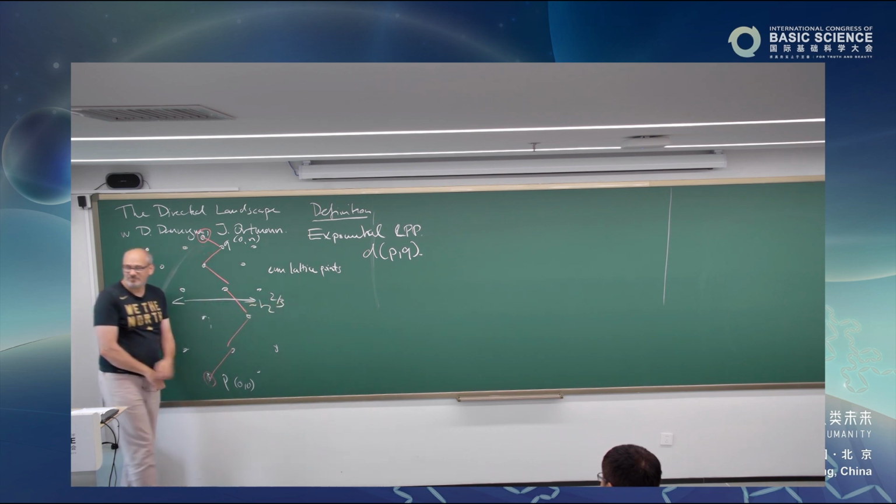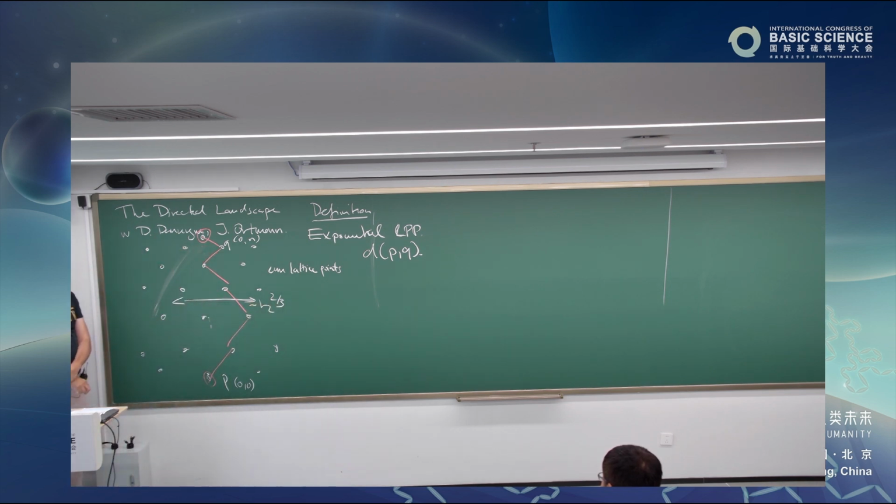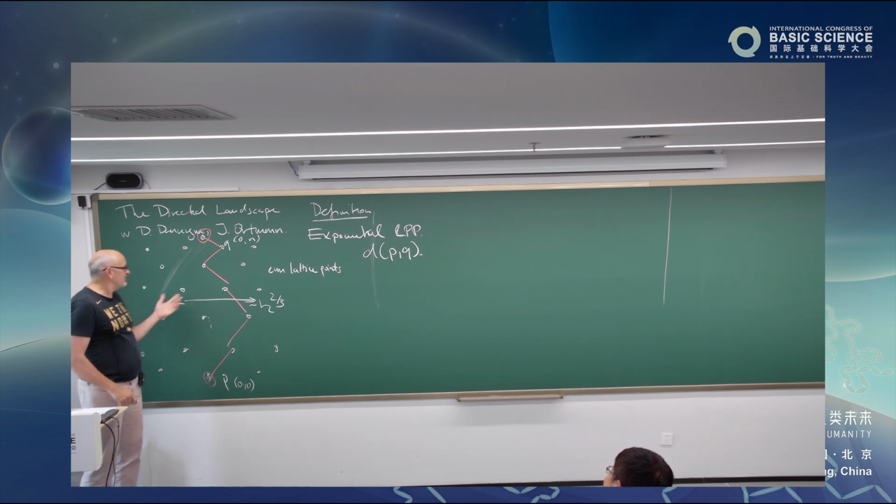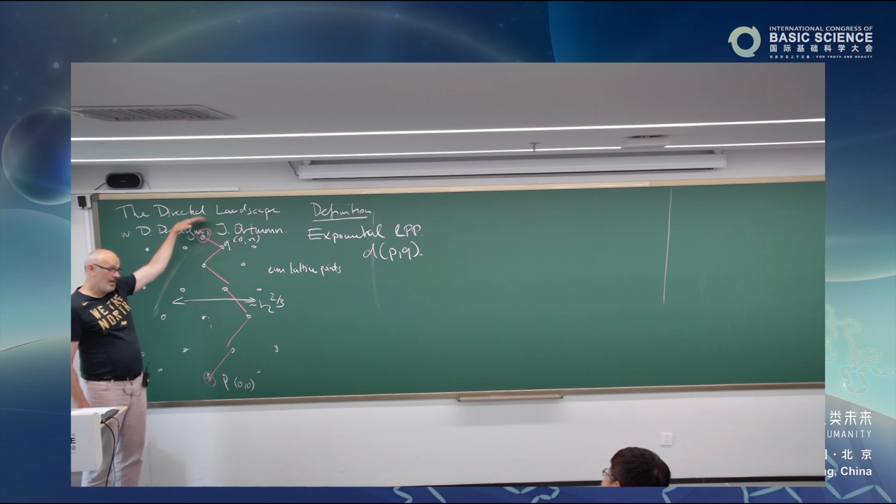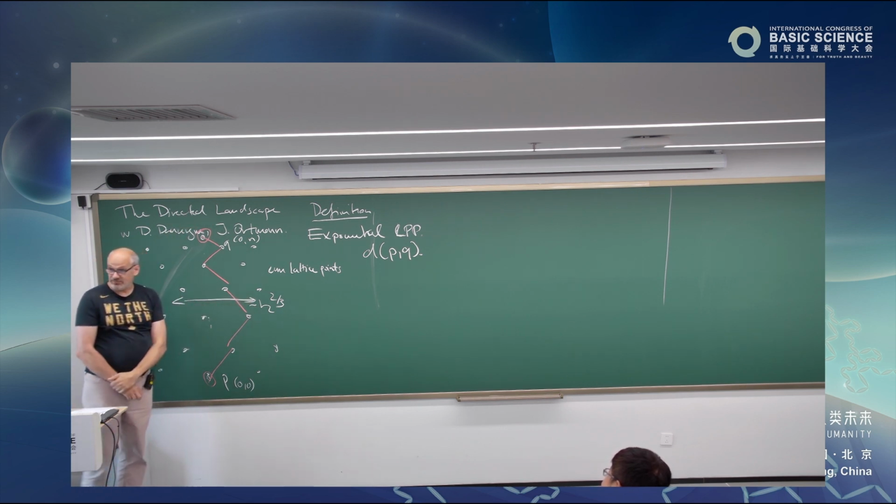So what that tells you is that if you want to understand the geometry of this whole process, you have to consider a scaling window in which in one direction you see about n, and in the other direction you go to about n to the 2/3.